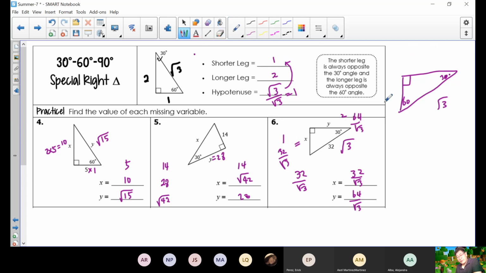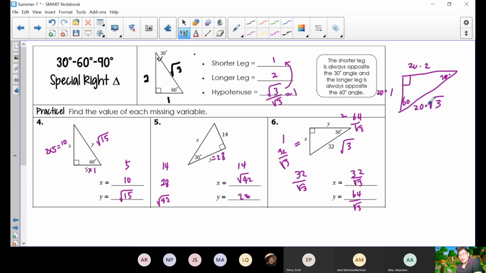What if I have a 5? Then this is 10. This is 5 root 3. The ratio is 1, 2, root 3, but not always 1 and 2 and root 3. If I have a 20 here, then you have to multiply by 20, and also multiply the others by 20.